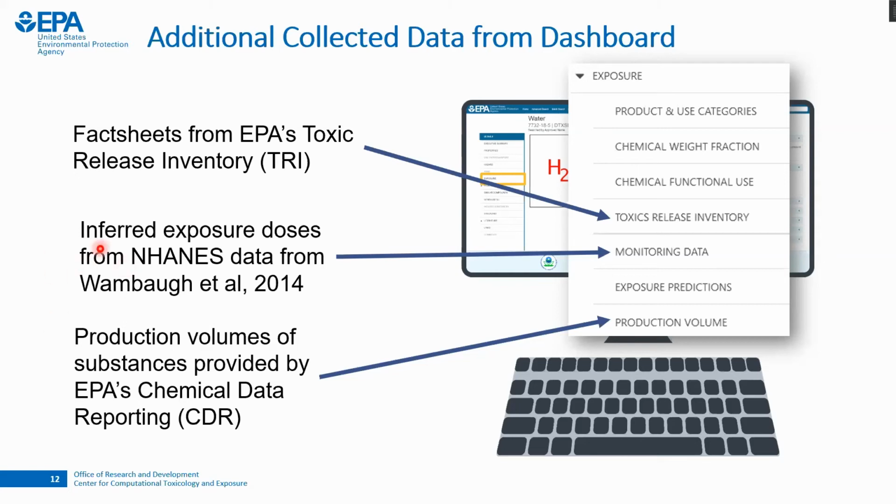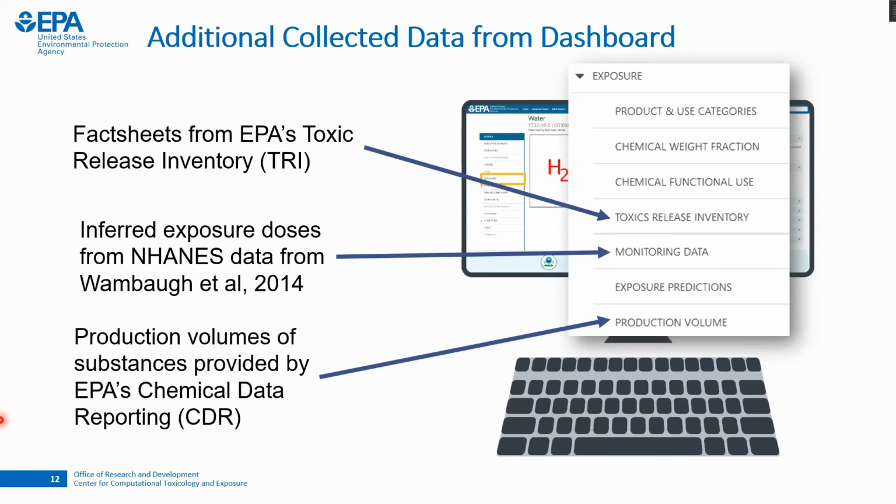The other thing you'll see are the inferred exposure doses from NHANES. These are the inferred exposure doses that I talked about earlier that we'll use with theme. The only thing I'll say here is they're really and truly only for about 106 chemicals, so you're not going to see a lot of chemicals on the dashboard that have this sort of information. It's limited because there's only so much of this measuring that you can do in any one NHANES cycle.